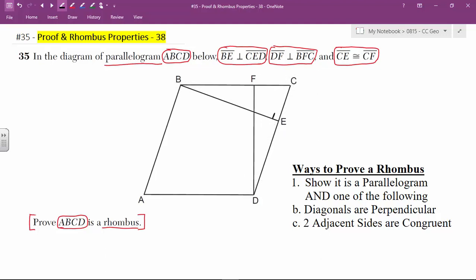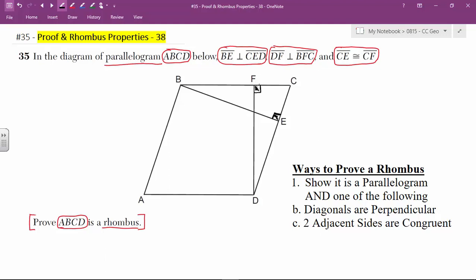So that means that there is a right angle here, a 90-degree angle. You also know that DF is perpendicular to side BFC. So DF, this side here, is perpendicular to side BFC. So there's also a 90-degree angle here.